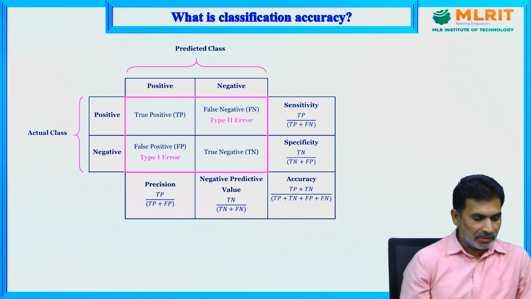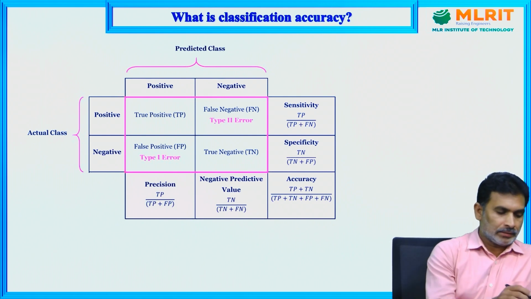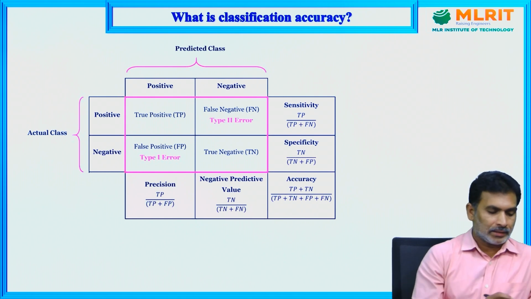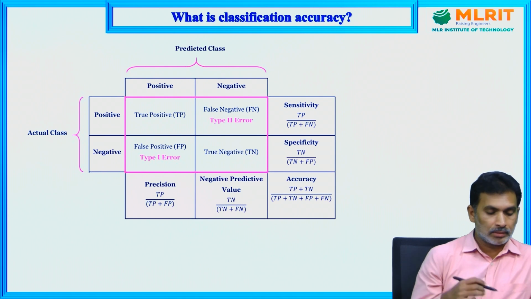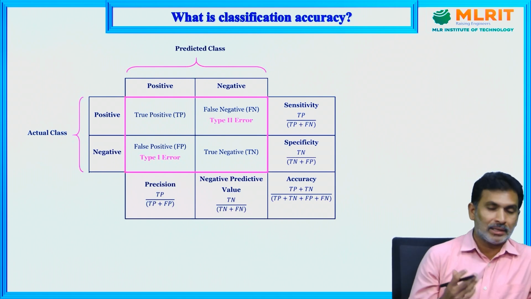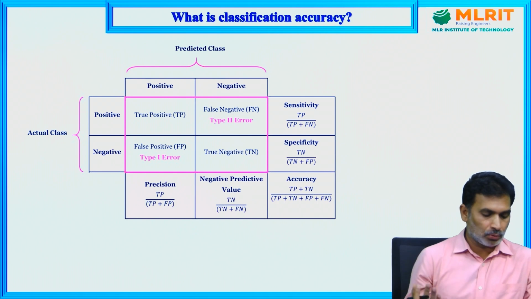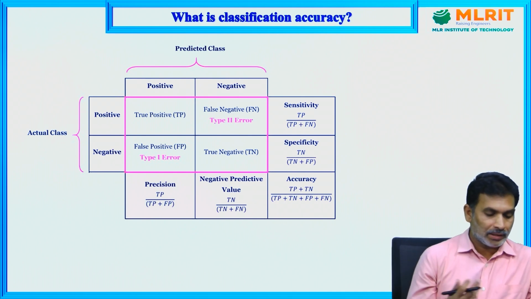For example, here there are different measures. This is the actual class labels, and these are the predicted class labels. The actual class labels are positive, negative, or yes, no, or it could be anything. The label could be yes, no, or approved, or risky, or safe, or whatever it may be.